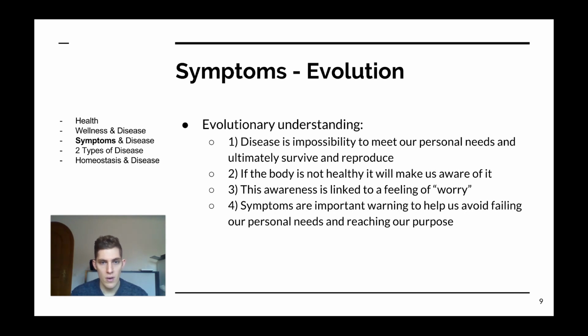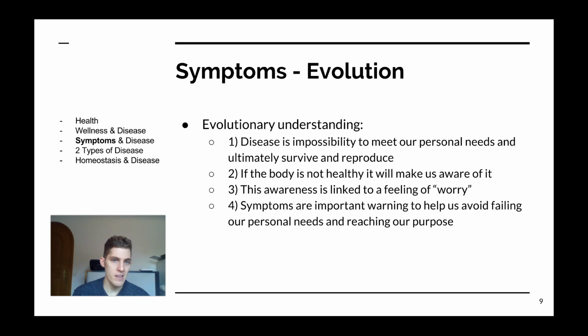We said, first of all, that disease represents the impossibility to meet our personal needs, which means we will not be able to ultimately survive and reproduce. Second, if we are in a state of disease, the body and the mind will therefore make us aware that something is threatening this, our life's purpose, our life's goals. So this makes sense from an evolutionary standpoint.